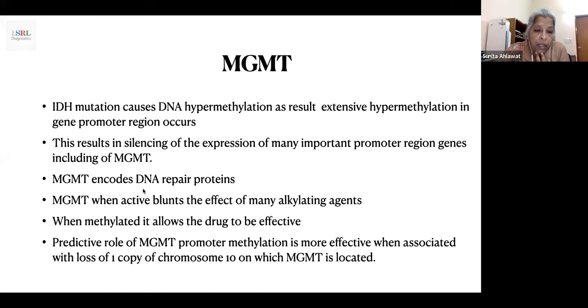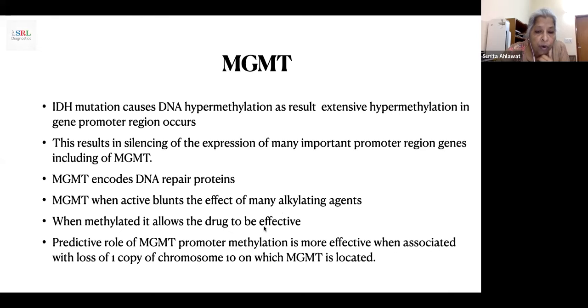Normally, when MGMT is not methylated, it helps in deactivating or neutralizing the alkylating agent actions, so the drug is ineffective. When MGMT gets methylated, the effect of alkylating agents cannot be neutralized, and the drug becomes effective.